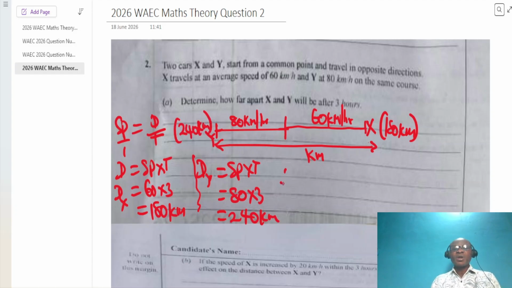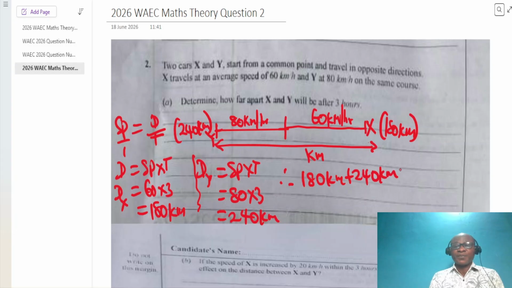Therefore, the distance apart, as the question has asked, how far apart is X and Y after 3 hours? So that is now going to be 180 kilometers plus 240 kilometers.